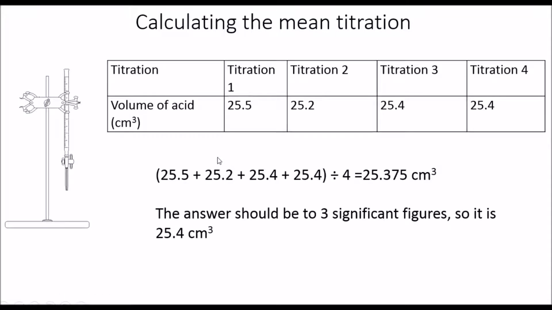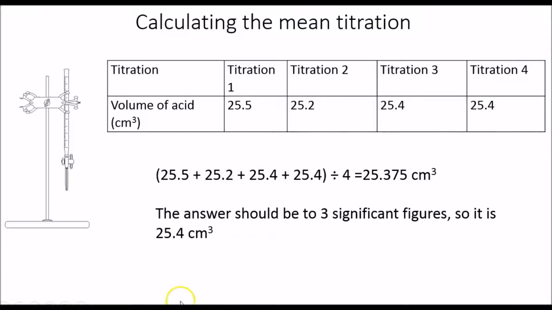Okay, so here's just an example here. Titrations are in chemistry, so you have to work out how much acid you need to neutralize an alkali. You use a burette. You go on until you get titrations that are concordant, as in titrations are almost the same, or within 0.1 or 0.05 centimeters cubed.